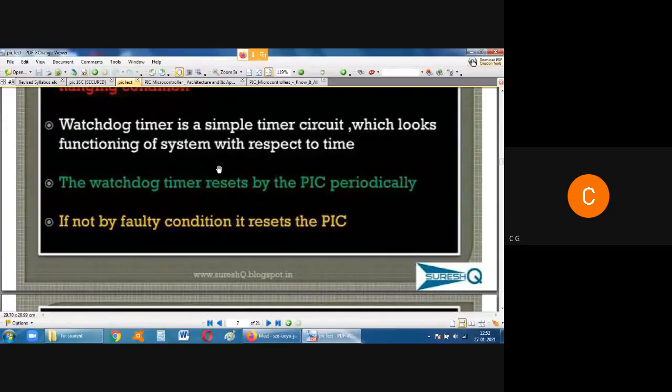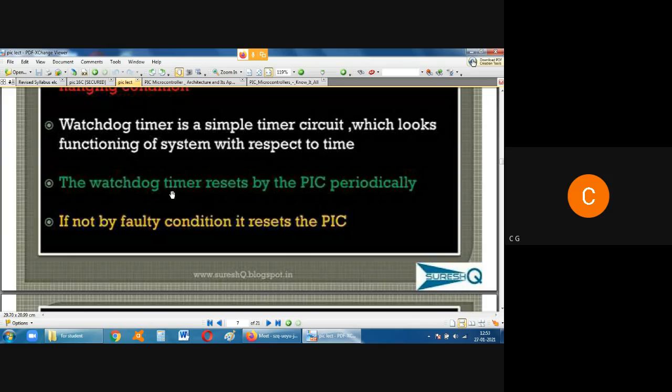In the normal operation of the PIC, the watchdog timer is continuously reset by the PIC. If the PIC fails to reset the watchdog timer, the watchdog timer will reset the PIC microcontroller.